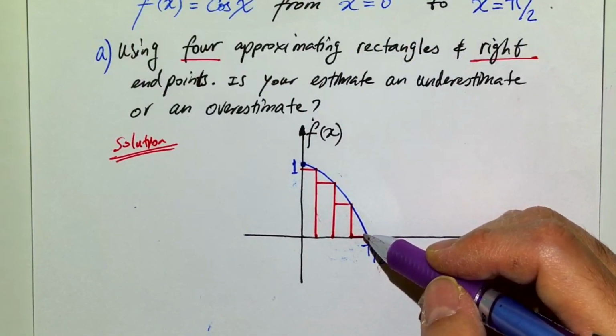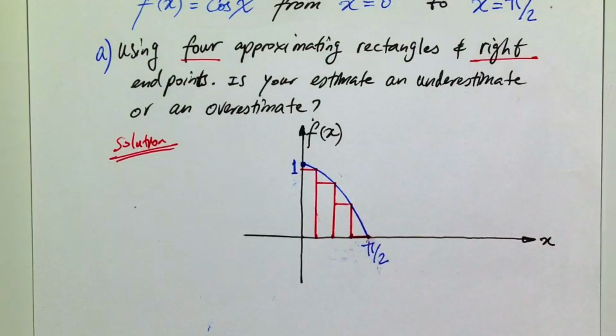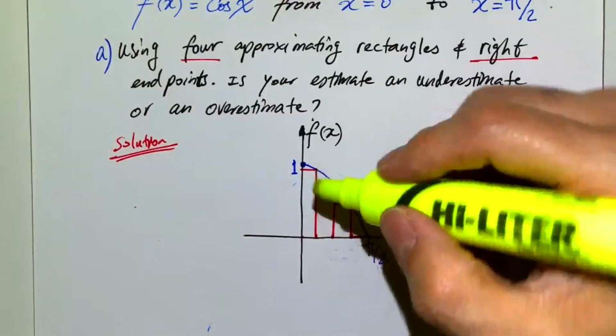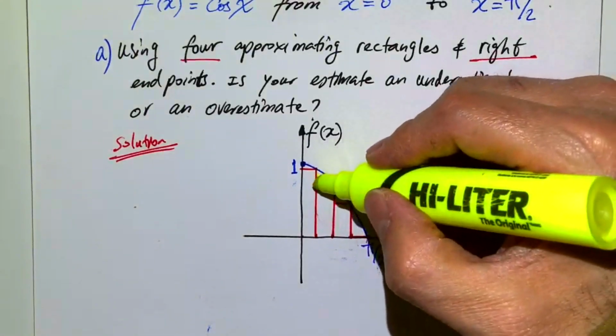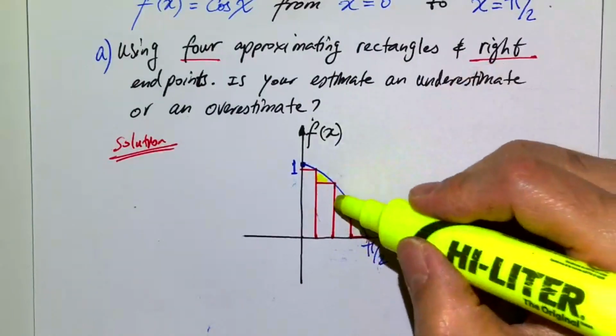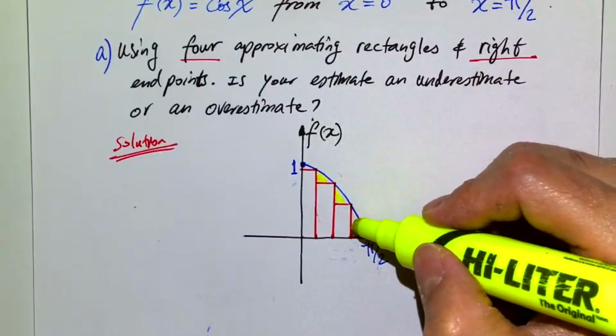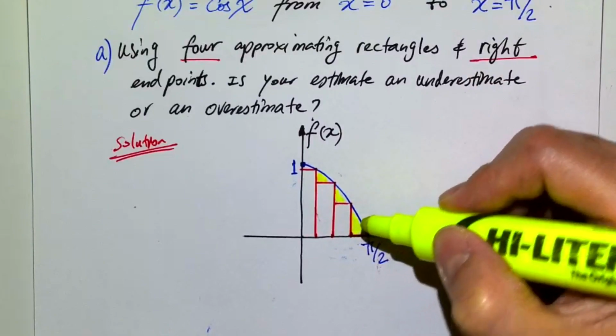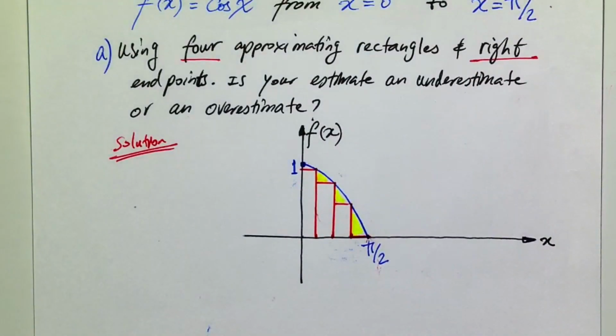You already are seeing that this method, and let me highlight it like last time, is going to produce an underestimate, right? Because we're supposed to get these areas that I'm highlighting, but we're not, right?